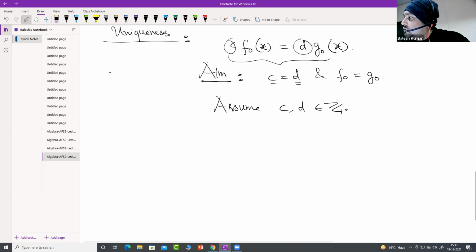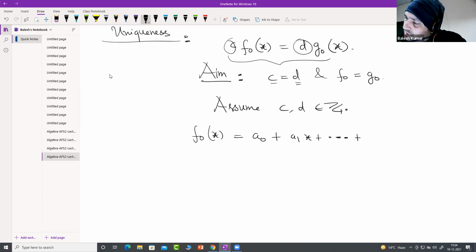How should I proceed? Let us try to list f0 of x with coefficients a0 plus a1x and so on, plus an x to the power n. And let us write g0 with coefficients b0 plus b1x and so on, plus bn x to the power n.